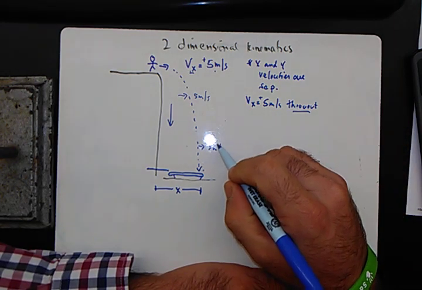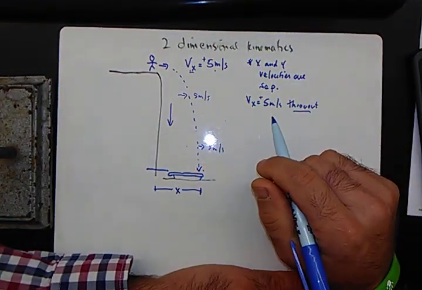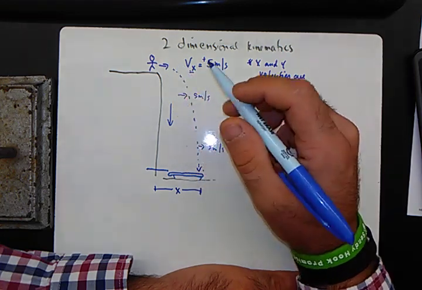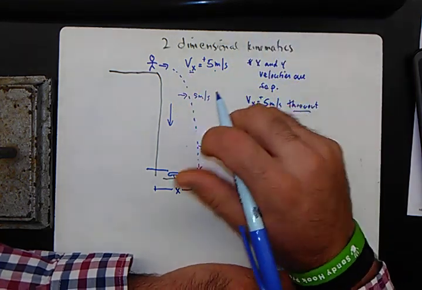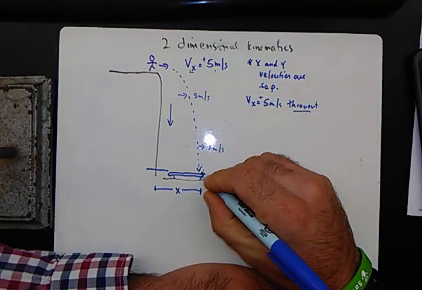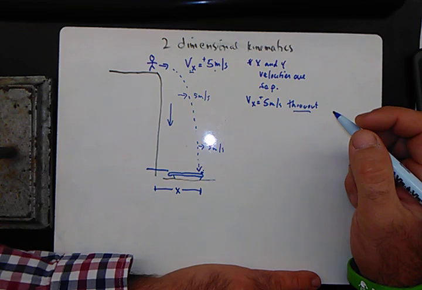Assuming air resistance is negligible, there's nothing stopping this object going to the right until it hits the ground. The ground or the trampoline is going to stop it.